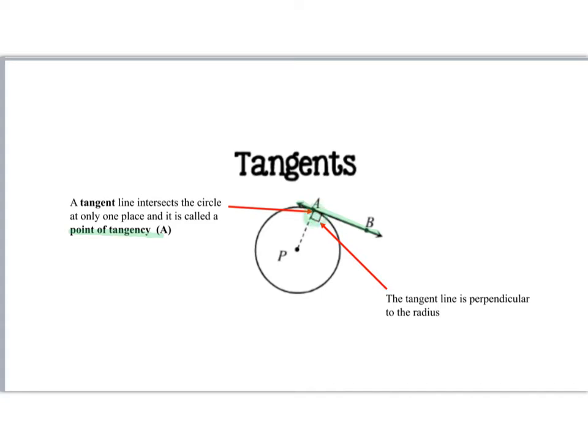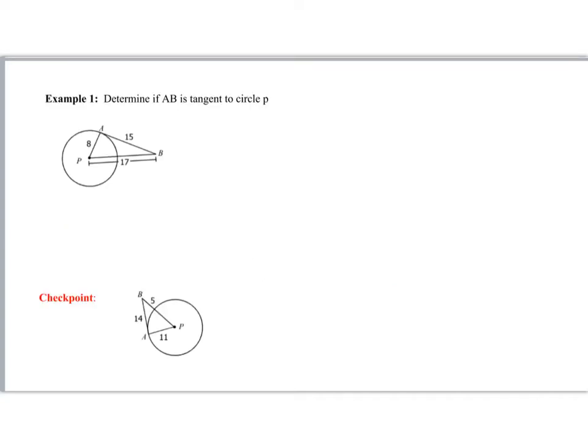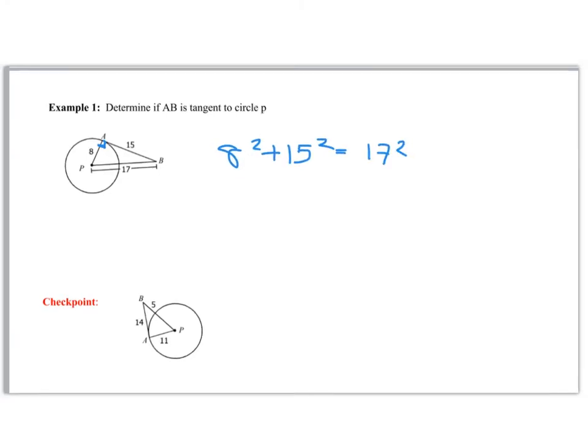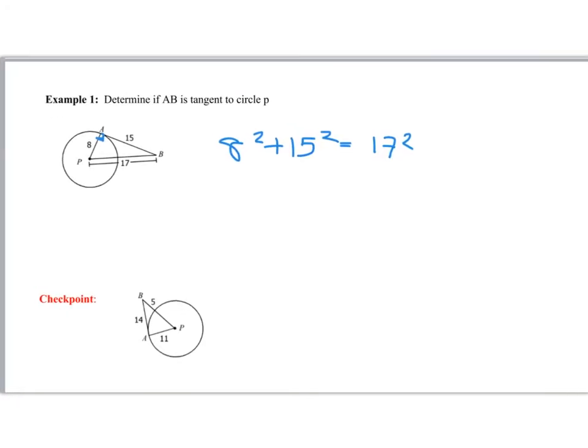So if you think about perpendicular, 90 degrees means you're probably going to deal with some Pythagorean theorem. Let's take a look. If this is tangent, it wants us to prove it, then that means right there is our 90 degrees. So we can use our Pythagorean theorem, which is 8 squared plus 15 squared equals 17 squared, because opposite your 90 degree angle is your hypotenuse.